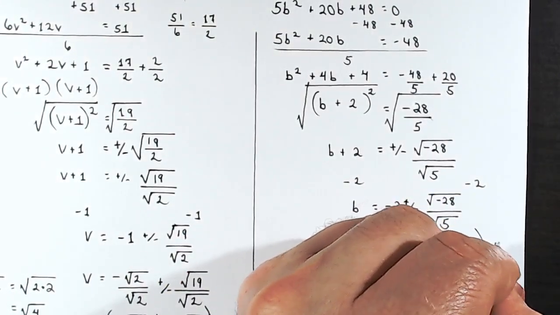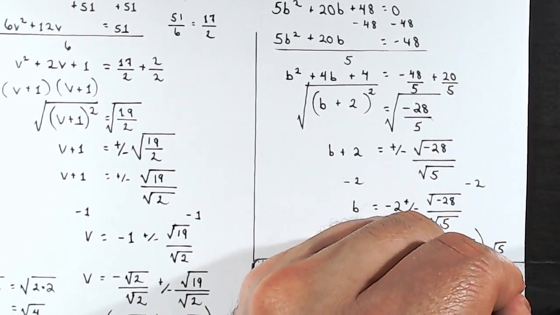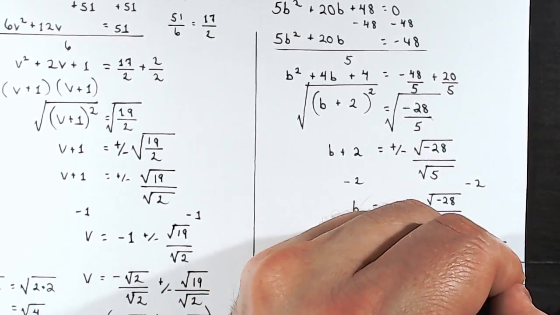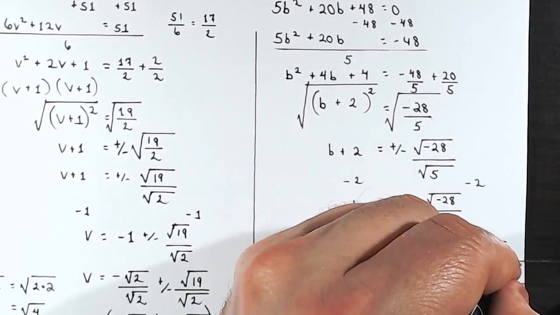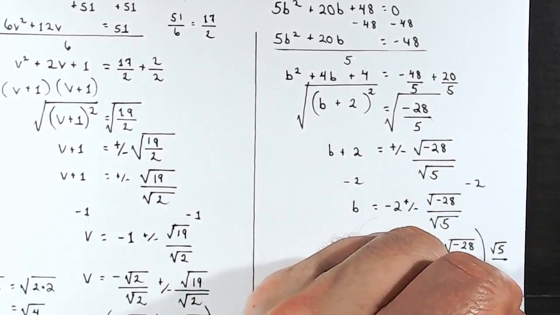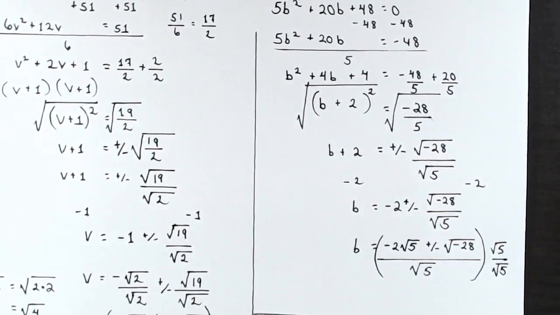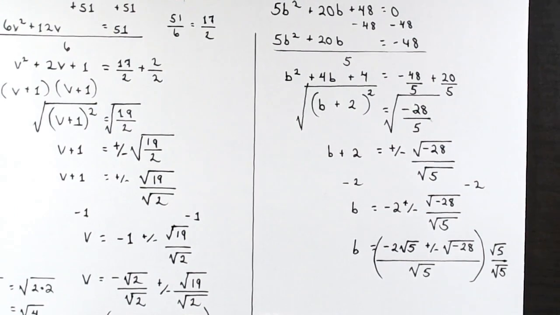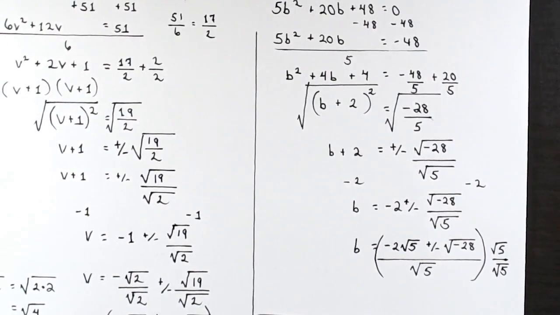So we're going to multiply. This is actually what the solution path to the problem would be, even if you had done it correctly. So I'm multiplying everything by square root 5 over square root 5. On the top, I'll be multiplying across by a square root 5, and then on the bottom, I'll be multiplying across by square root 5.